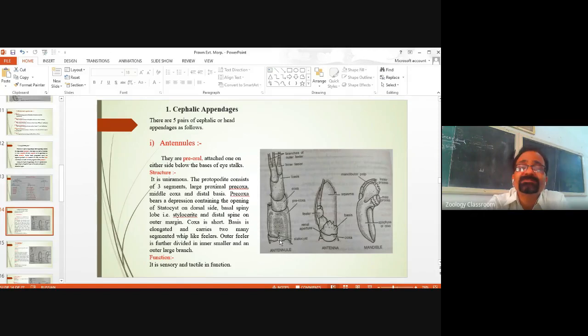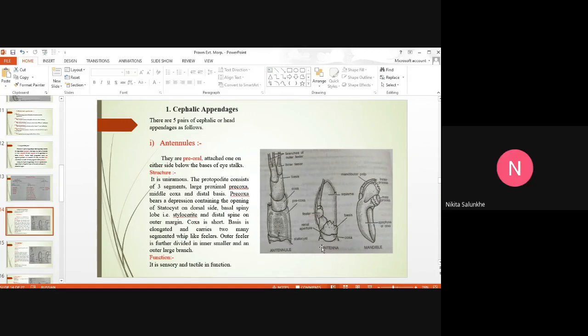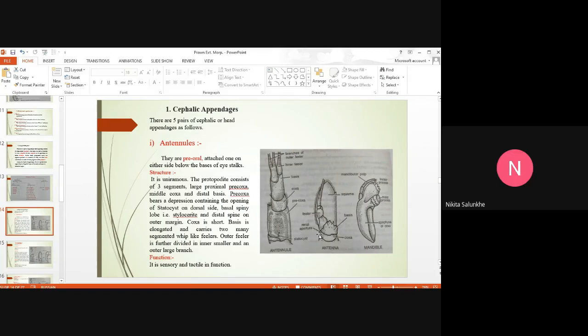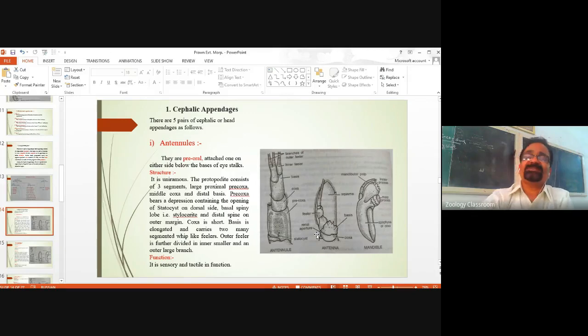Isn't it? Okay. Now come to the second aperture. This is the antenna, isn't it? Yes, sir. And the coxa of the antenna bears the renal aperture.